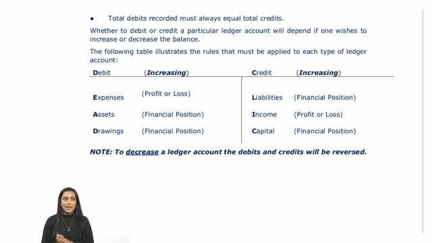So now let's see which items are debits and which items are credits. The best way to remember it is to learn the mnemonic Dead Click. Dead, Click. Meaning that expenses, assets and drawings are all debit accounts.